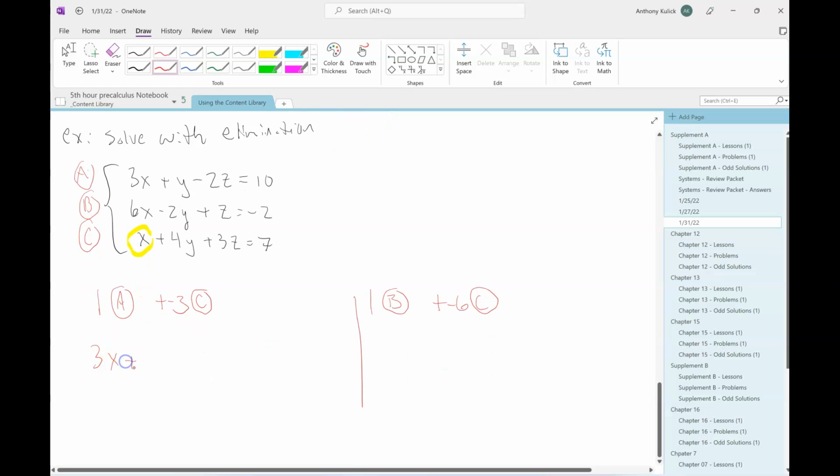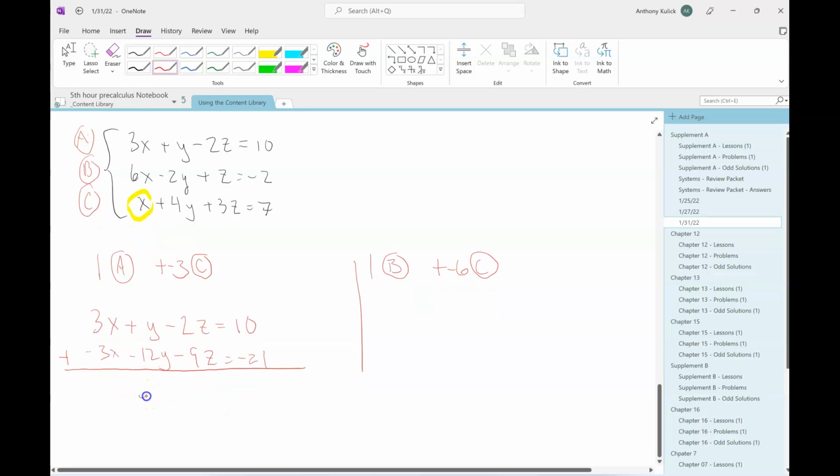So let's go ahead and write that out so we can do our adding. Negative 3 times C gives me negative 3x, negative 12y, negative 9z, and then negative 21. Don't forget to multiply that very last term at the end. Frequently, I'll see students forget to do that. Okay.